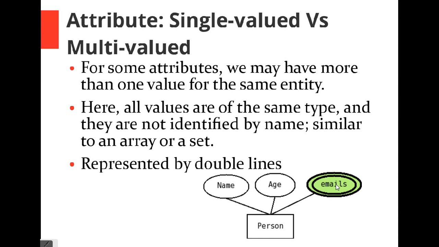An array is a data structure with a single data type. So I can only store my emails as a string or variable characters. I cannot put a particular email as variable characters and another email as a date. So all of them have to have one data type.